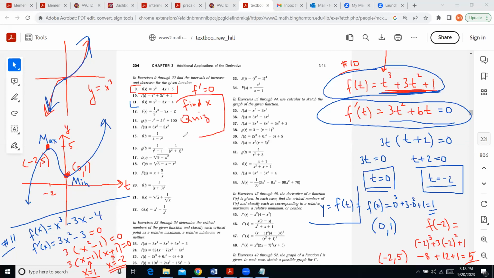So what you do is, well, same thing I just did. First step, find f prime. Second, set it equal to 0, and then you will be able to see what value of x works for this. So that's our little quiz for today. And please don't hurry, take your time.